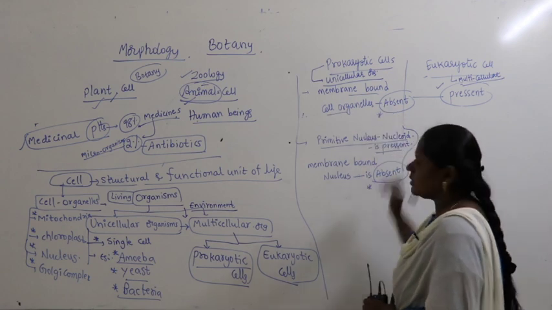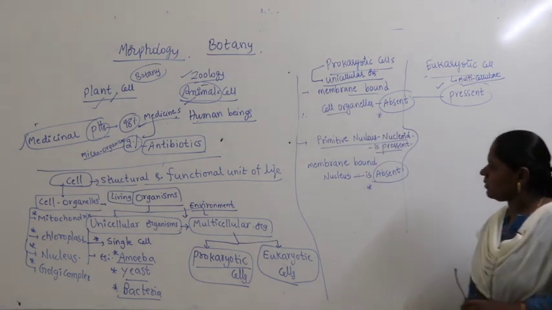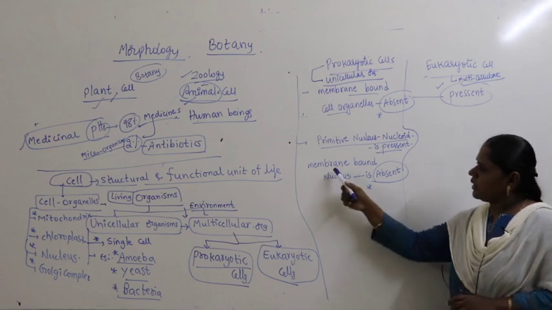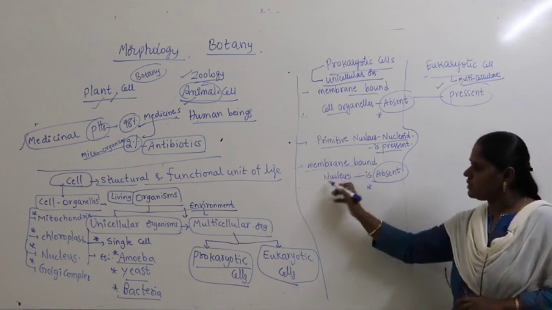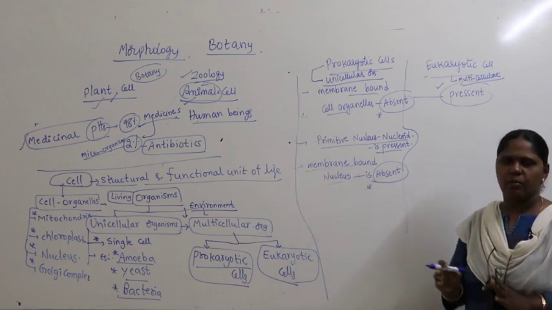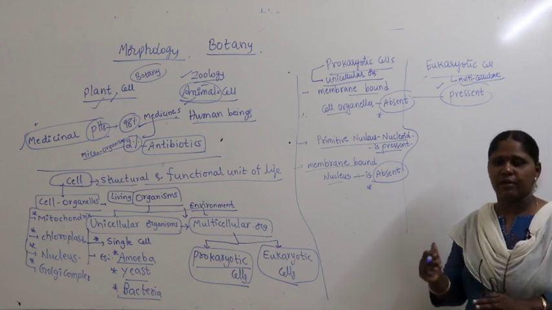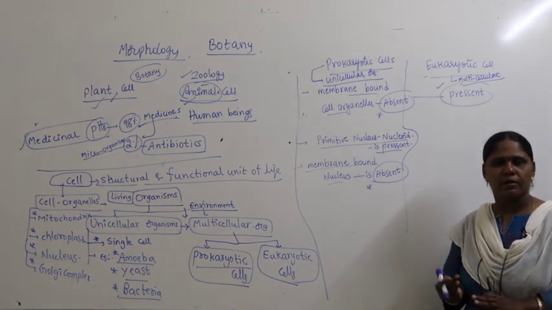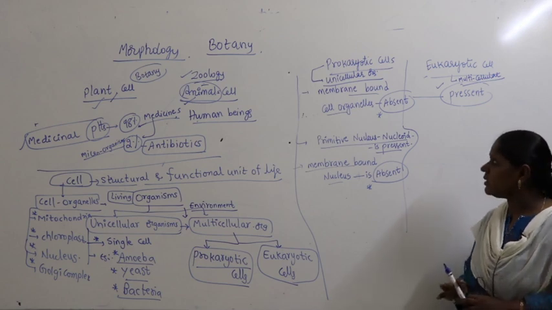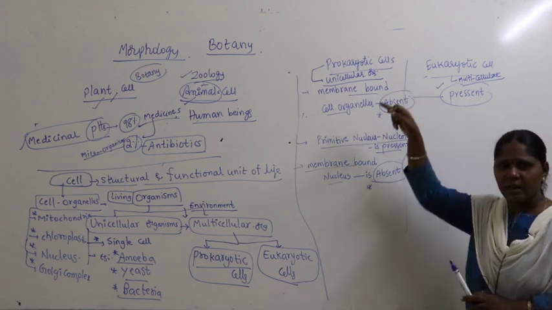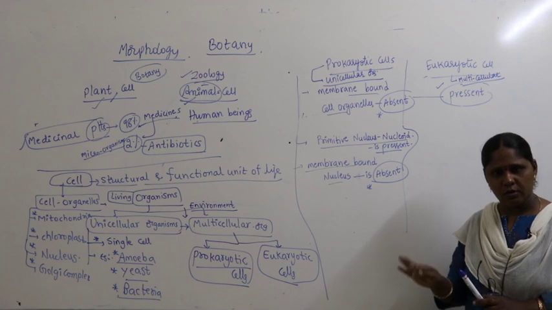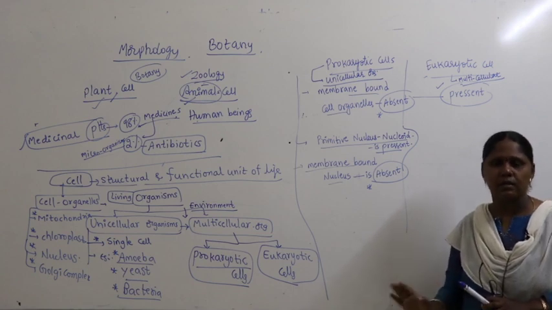Look at the things which are absent. Then you get a question straight away. If I write first that membrane bound nucleus is absent, then definitely in your young mind you will get a doubt. That means the prokaryotic cell lacks a nucleus. That means the nucleus is totally absent in prokaryotic cell.